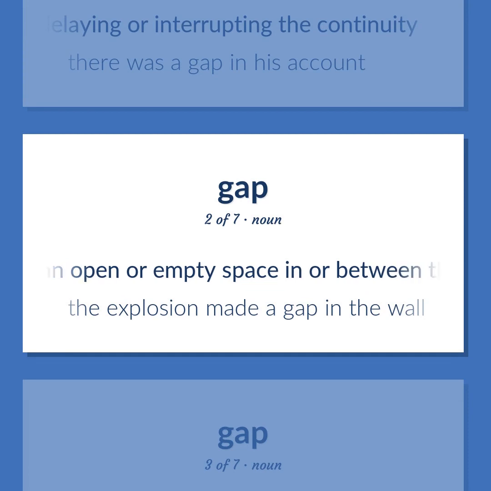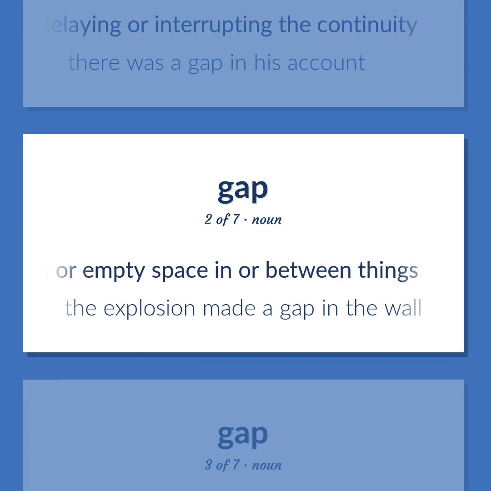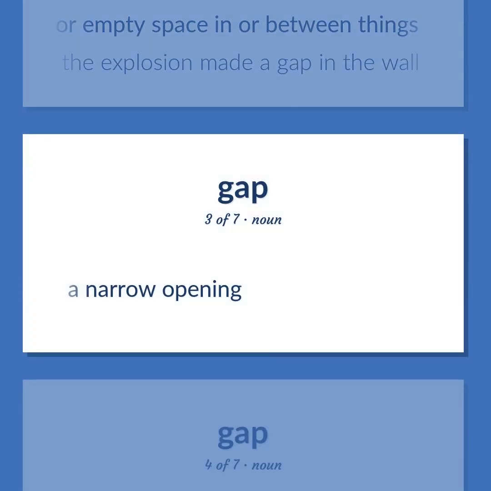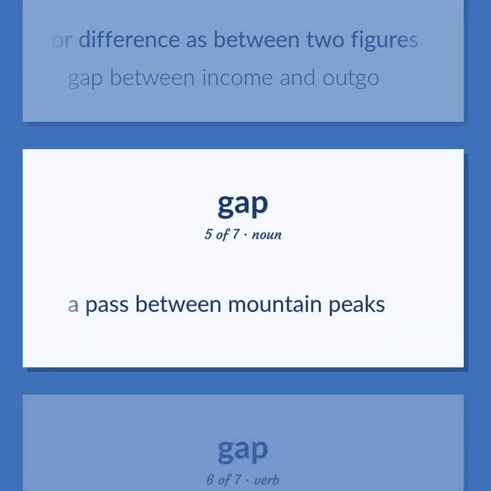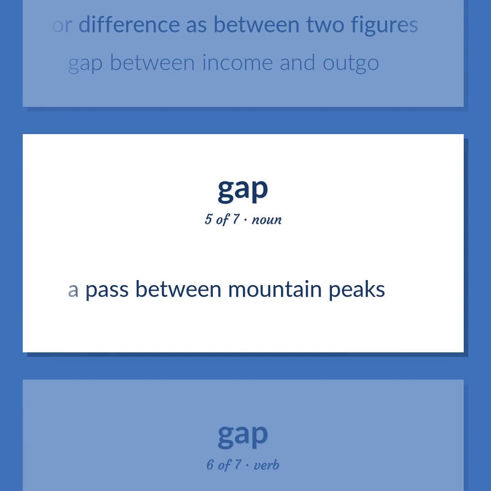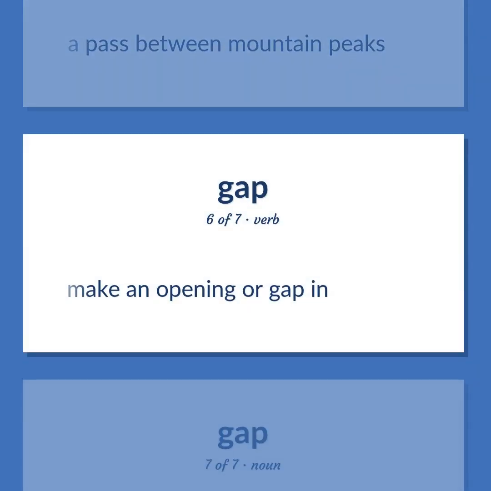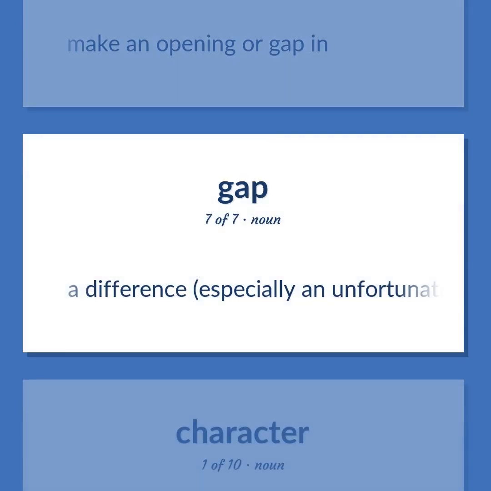An open or empty space in or between things. The explosion made a gap in the wall. A narrow opening. A conspicuous disparity or difference as between two figures. Gap between income and outgo. A pass between mountain peaks. Make an opening or gap in. A difference, especially an unfortunate difference, between two opinions or two views or two situations.